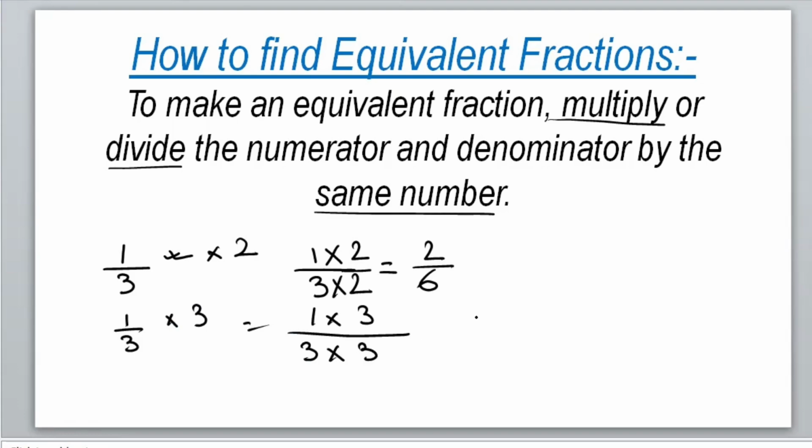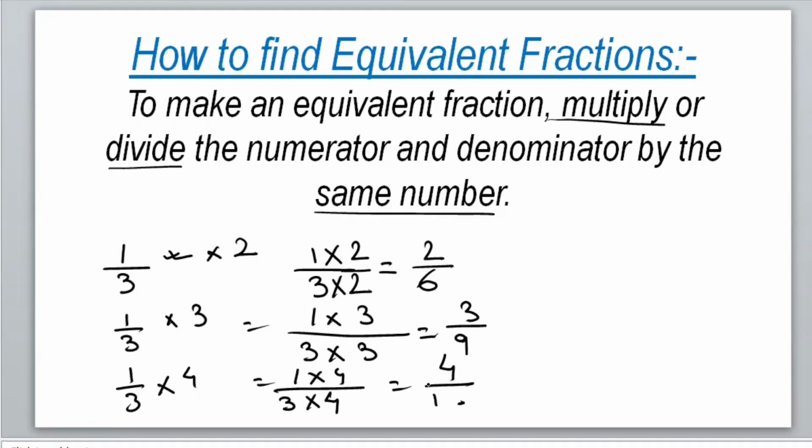It will become 3/9. Then 1/3 multiplied with 4: 1 multiplied by 4 and 3 also multiplied with 4. Then 4/12. So 1/3 is equivalent to 2/6, which is equivalent to 3/9, which is equivalent to 4/12.